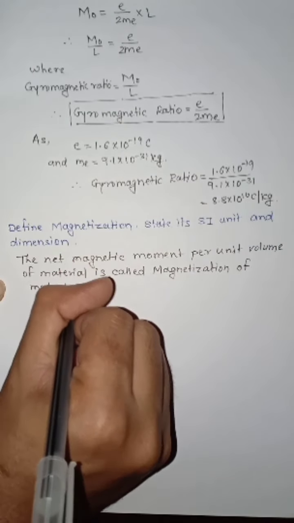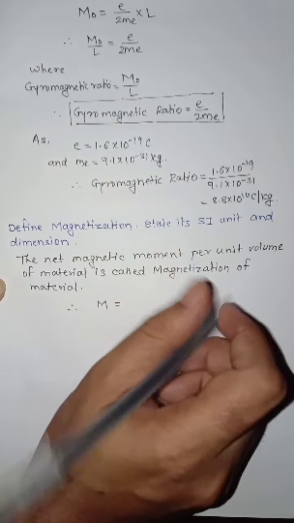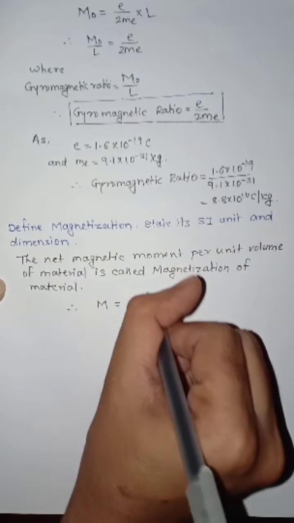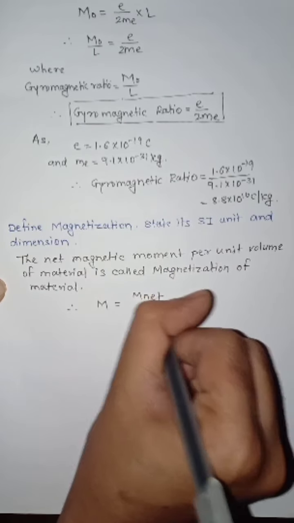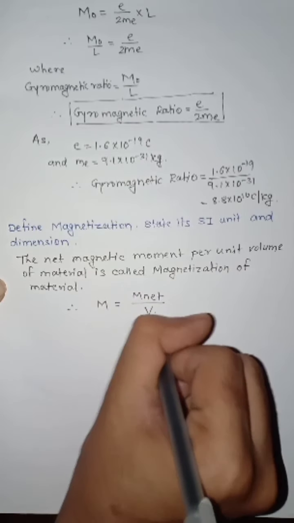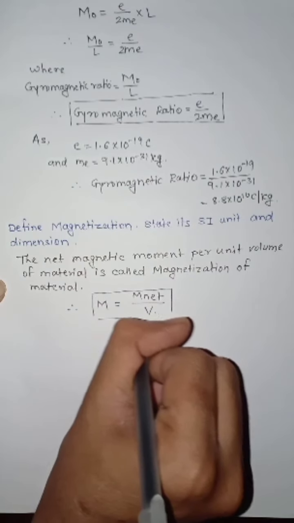Okay, so therefore we can write here M is equal to magnetization. M is equal to net magnetic moment upon volume V. This is our formula.